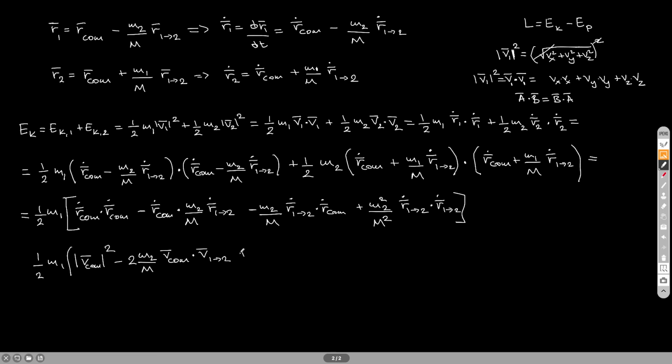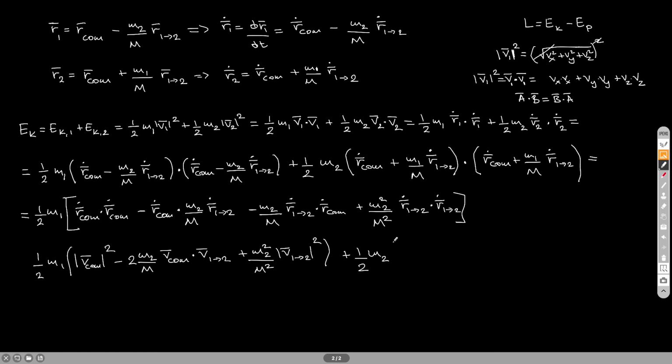And then I have plus m2 squared over big M squared, V from 1 to 2 magnitude squared. Now this is what the first term gave me. I'm going to skip the steps where I work out the expansion of this, and I'm going to tell you directly what you will get. You may be able to guess it, but you can check that.